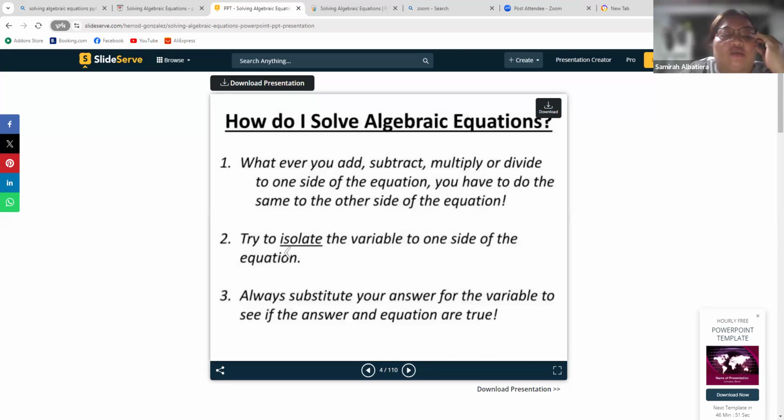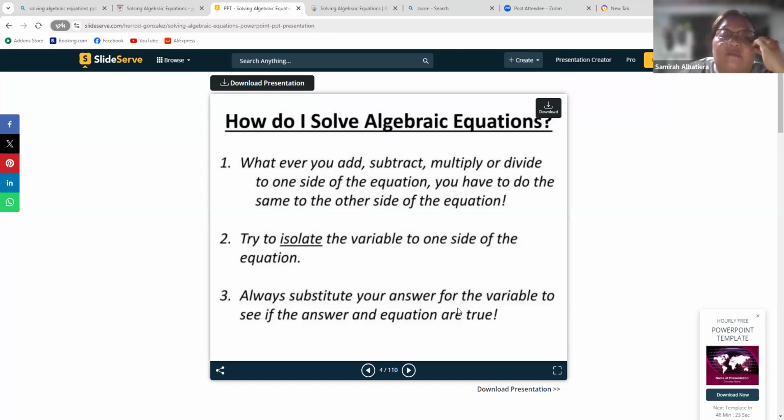Step number 2 is to try to isolate the variable to one side of the equation. The variable in the equation is actually the x. Take note, we cannot add an x or a variable and a constant.